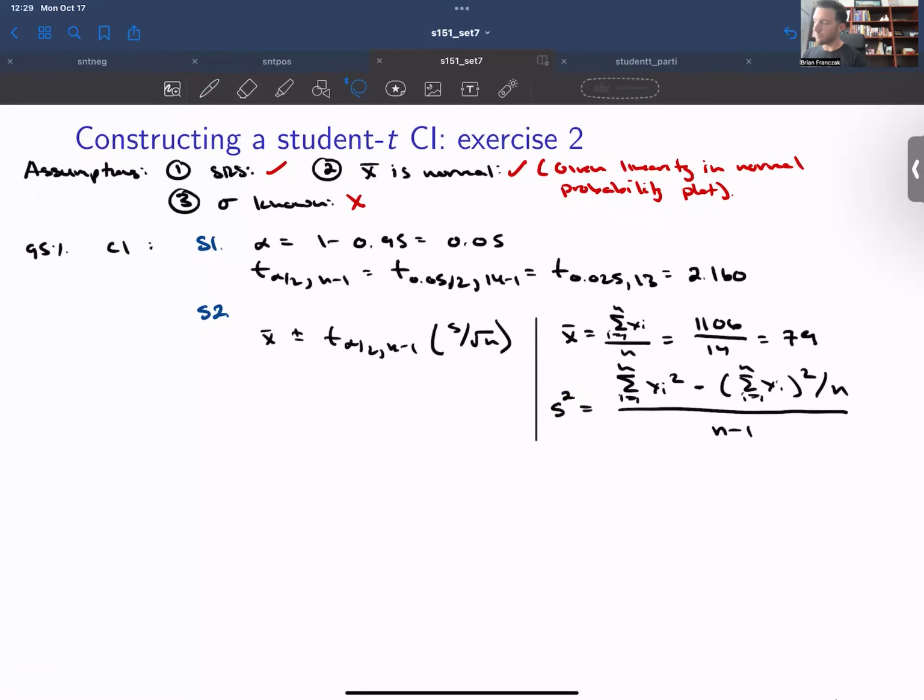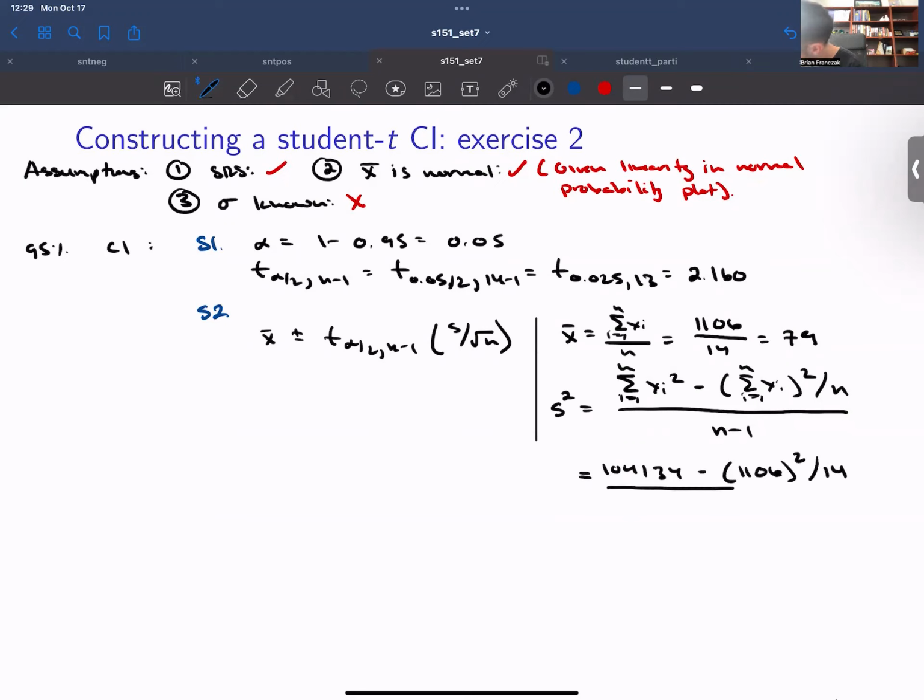So first, we're squaring every value of x and adding them together. If we do that, we should have 104,134, and then that's going to be minus 1,106 squared over 14. And this thing is going to be over 14 minus 1.